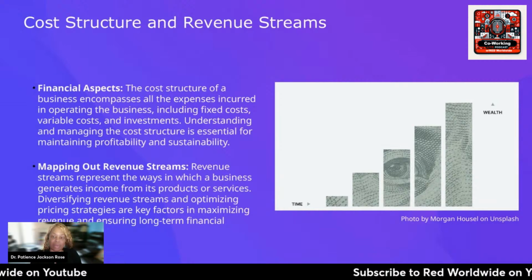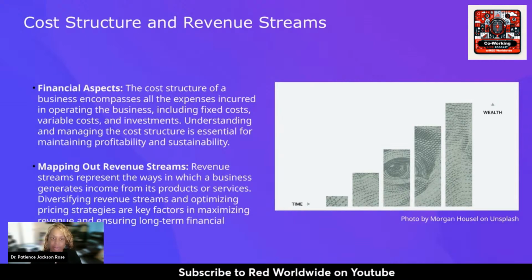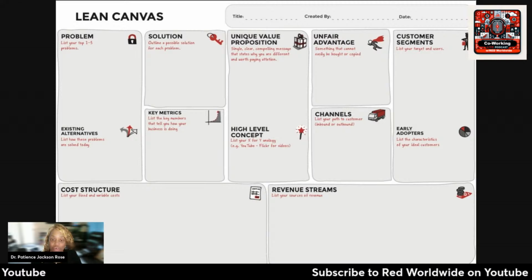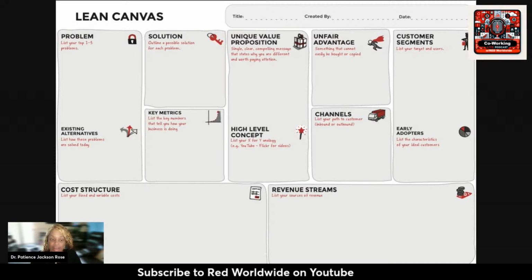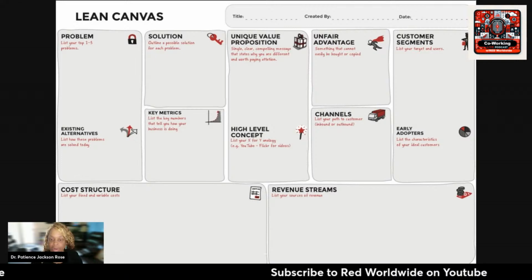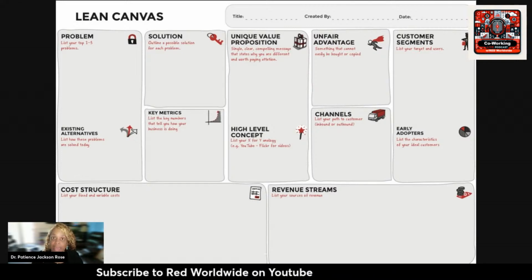And you need to really be thinking about, what does this thing cost me? And on our canvas, Javon, can you go back to the canvas real quick? Because I want them to see where this information is going to go. So at the bottom, you see this cost structure and revenue streams. That area right there is so important, because you've got to figure out what your fixed and variable costs are, and then what the revenue streams are, so that you can actually understand how will you make money.